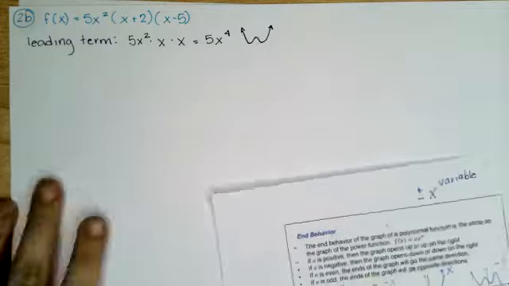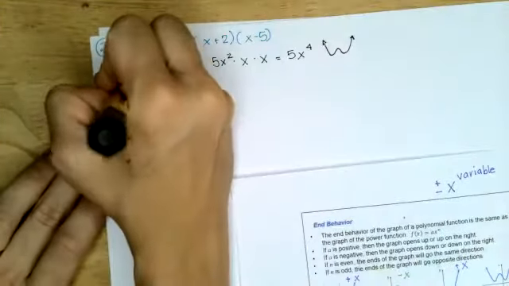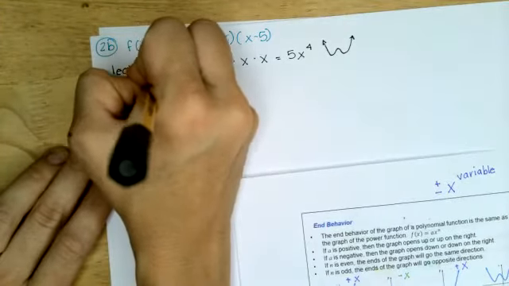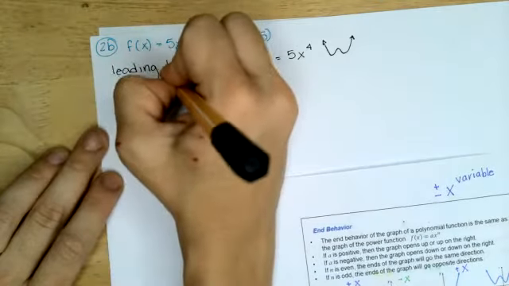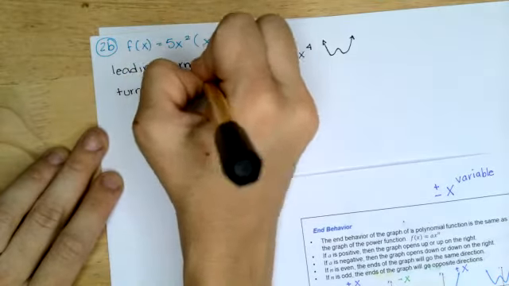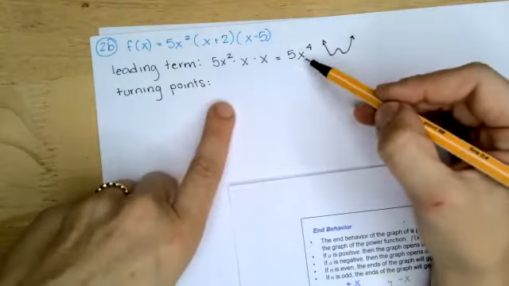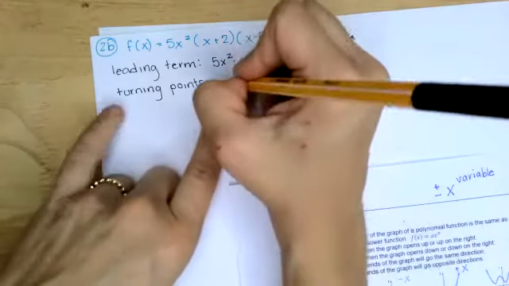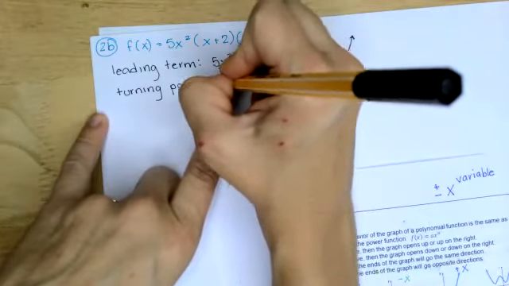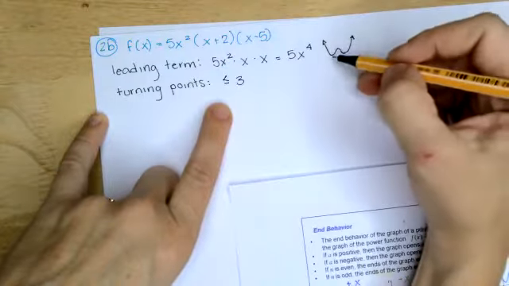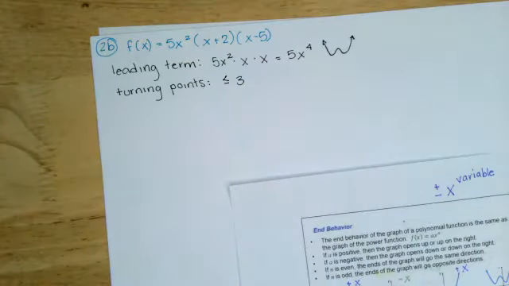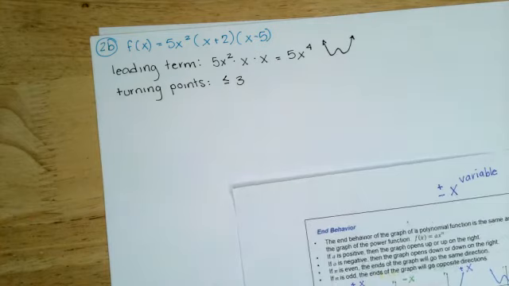Good. How many turning points? X to the 4th power, that means it's going to be less than or equal to 3 turning points. So it might look just like that. Good. So those are our turning points.